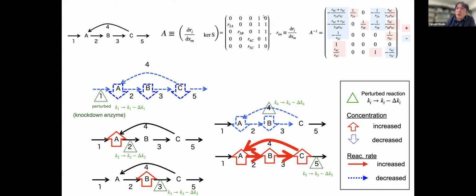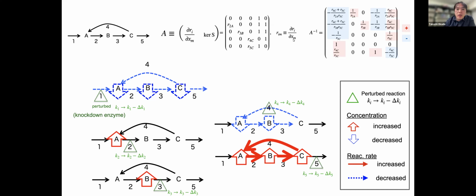these constant vectors are a basis of the kernel space. So in this case, we have two basis vectors. And yes, sorry, I forgot to explain this. R_im denotes the reaction rate derivatives.